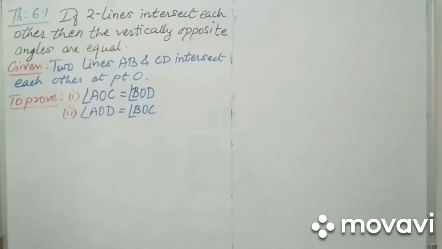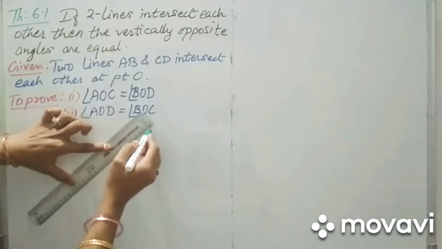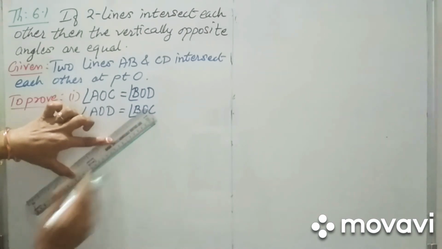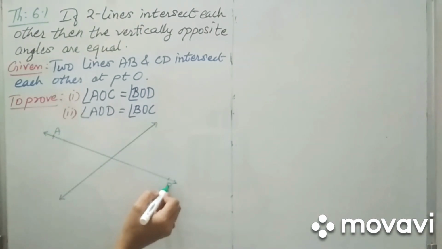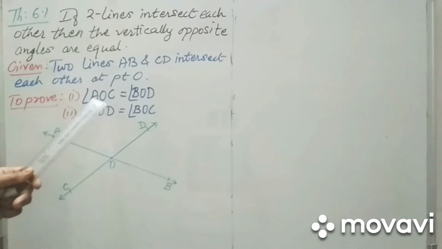Now let us first see how this pair of angles is formed, and then we will go for the proof. Proof means logical application. This is my AB line, the intersecting point is O, and another line is CD. Two pairs are formed.